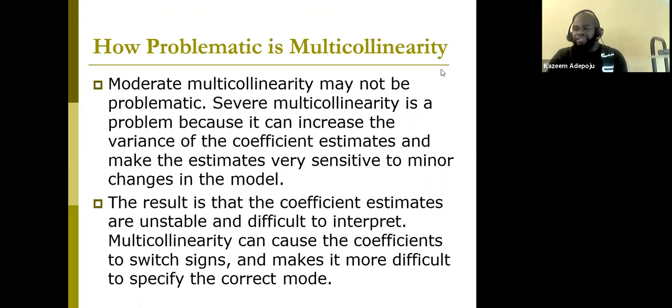Like I said, multicollinearity could be problematic to a model, and when it is present, it is going to cause damage. What kind of damage?